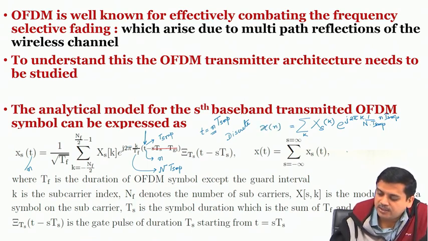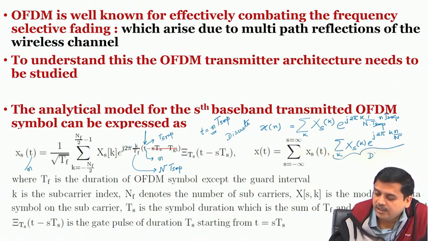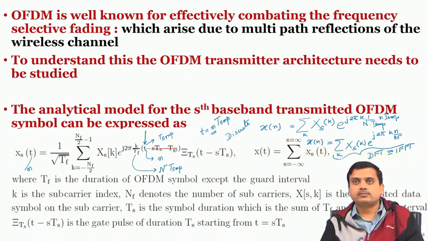So, now if you look at this expression, it is simply x_s[k] e to the power of j 2 pi k n upon N, summed over k. This is nothing but the DFT, which can be realized through an IFFT expression, and this is what we have as x of n. Okay.